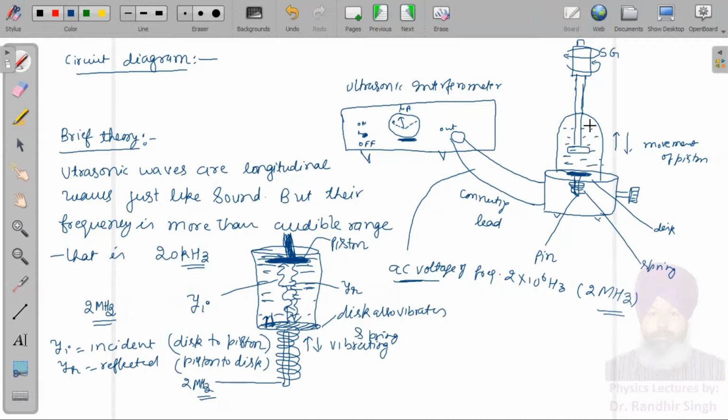So we can move this piston upward or downward by using this screw gauge. Now you can see when this piston is moving, it can sometimes be in contact with the node, and sometimes be in contact with an antinode. Let me show it separately.